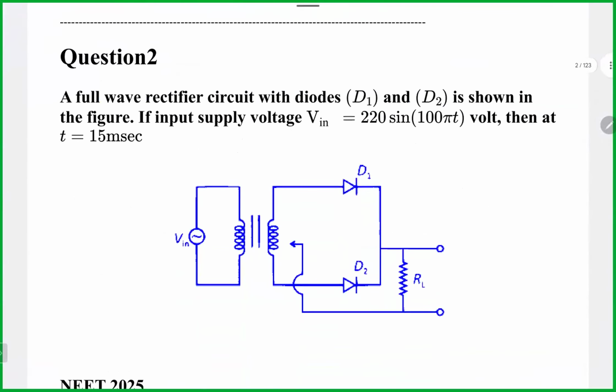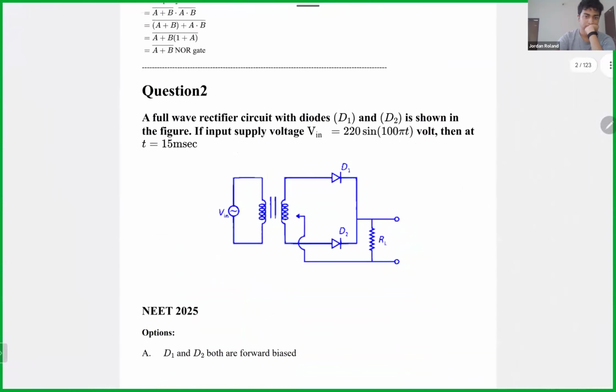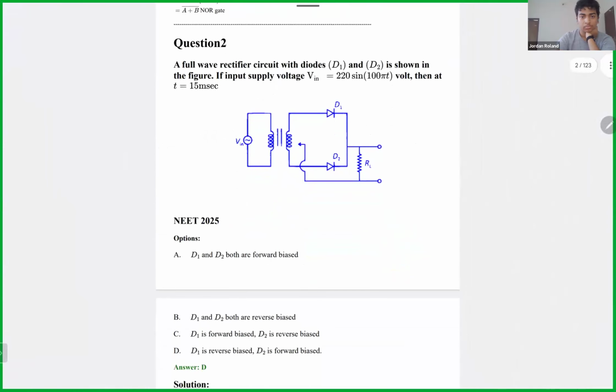There were two questions from the semiconductor. This one. This one, yes, sir. So they must have changed the option, but in this case, if you change the supply, you will see it will act in a different way. Full wave rectifier, diode shown. If the input supply is positive, your voltage supply is positive, then what will happen?